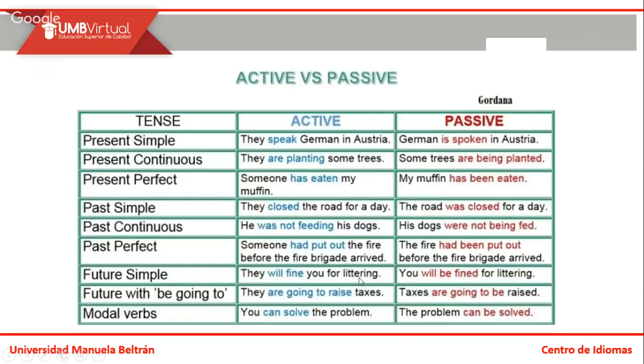Porque en este caso, littering hace referencia a botar basura. Ellos serán multados o ellos te multarán por botar basura. Y acá decimos que tú serás multado por botar basura. Entonces, tenemos el sujeto, ok, they, en este caso they es el sujeto, you es el objeto.